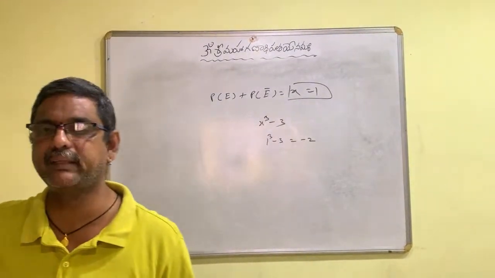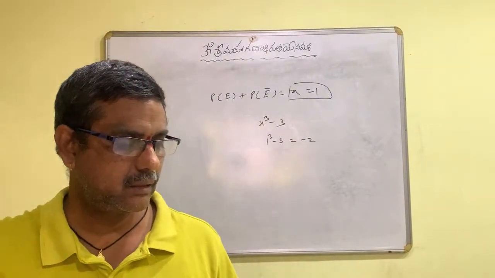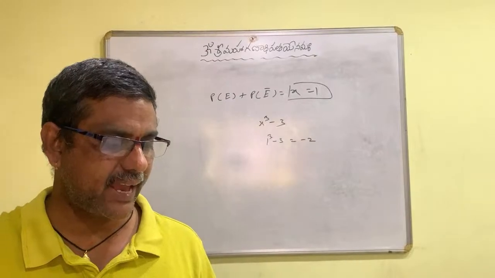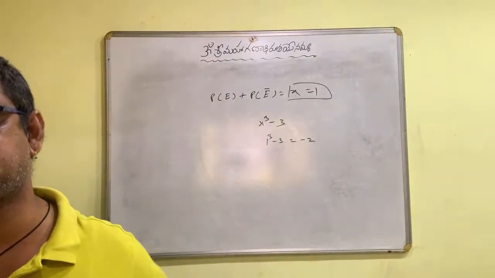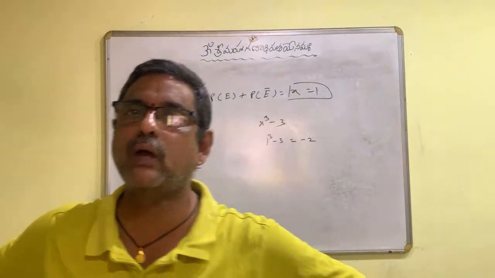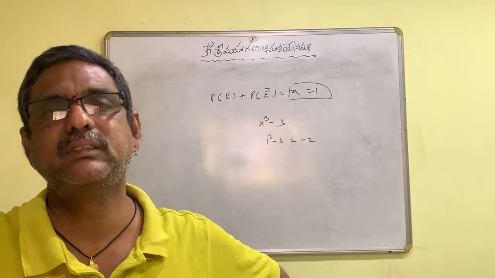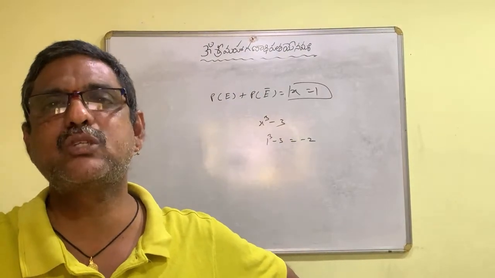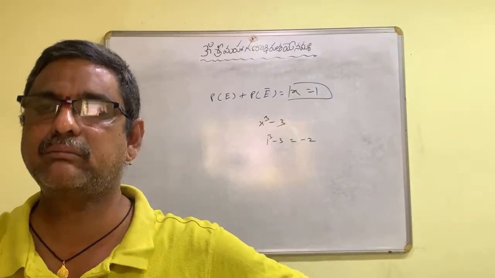Fourth question, many students have doubts in this. The number of polynomials having zeros as -2 and -5. See, children, -2 and -5 are the zeros of a quadratic polynomial.